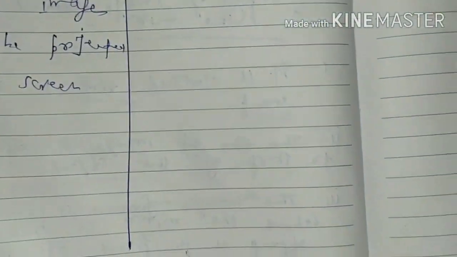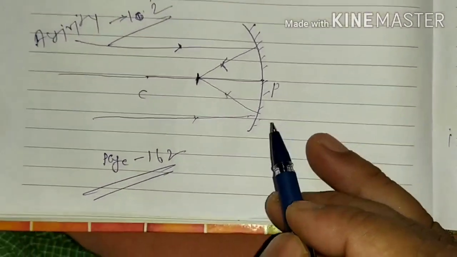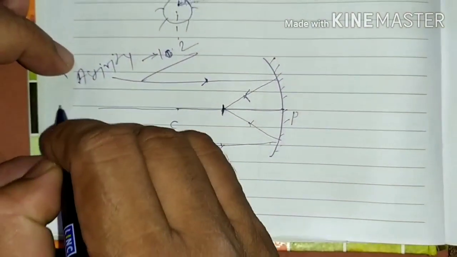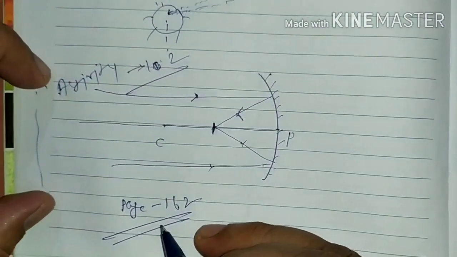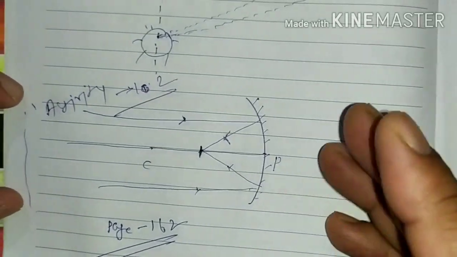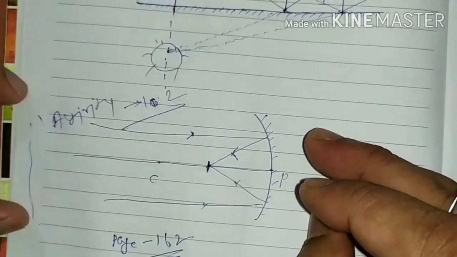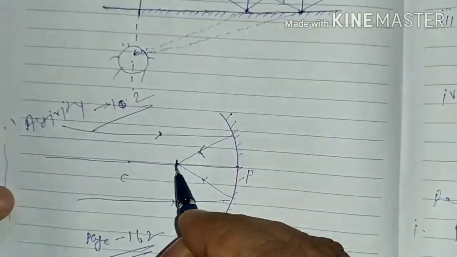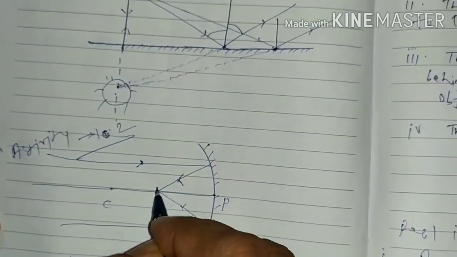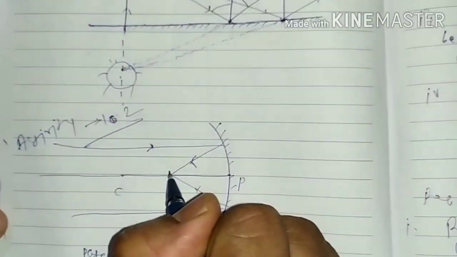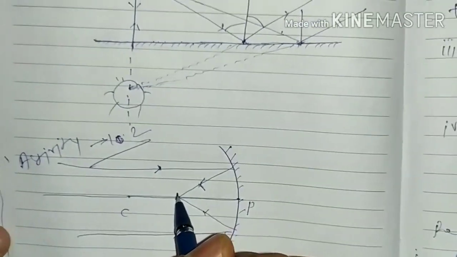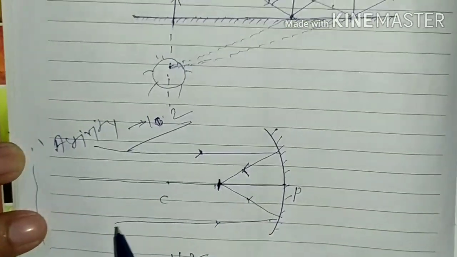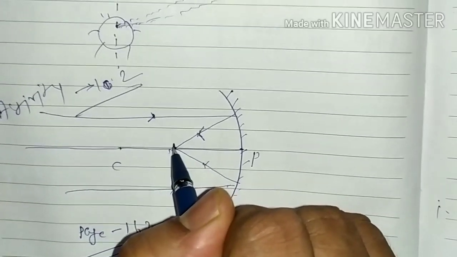What is the meaning of this term? See here. The sun is far away from us, but if we focus it with the help of a concave mirror on a piece of page, then a point size image of the sun is projected on it. This is the meaning that real images may be projected on a screen.